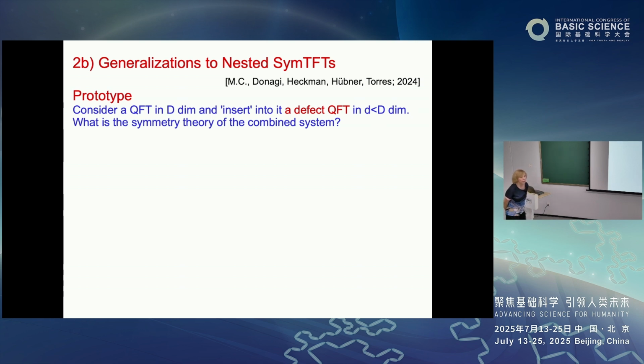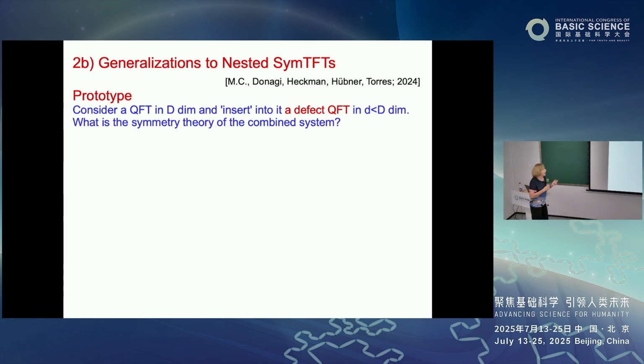Okay. So I want to highlight generalizations of quantum field theories and their SymTFTs to so-called nested SymTFTs. The prototype example in quantum field theory of that type would be to start with quantum field theory in, say, d dimensions, and we insert into this quantum field theory a defect quantum field theory in lower dimension.